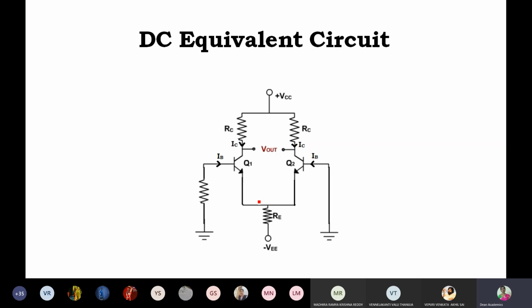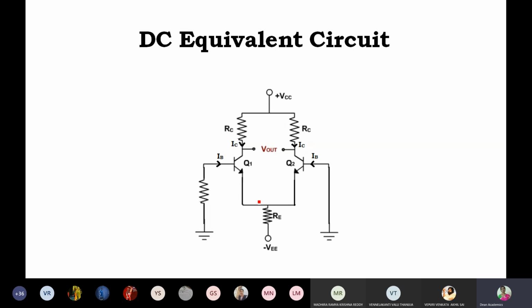Now if we carry out DC analysis, what about DC analysis for this circuit? Any one of you? You are forgetting every day. What I said: DC analysis for all 4 configurations is, complete my sentence, the same.